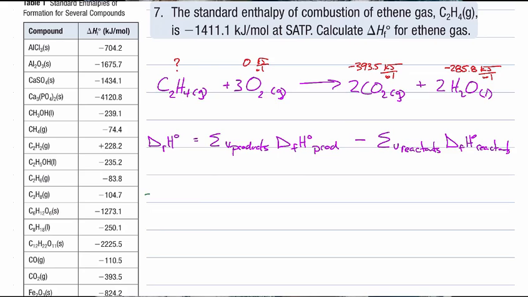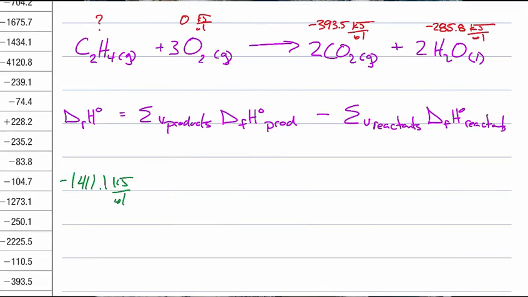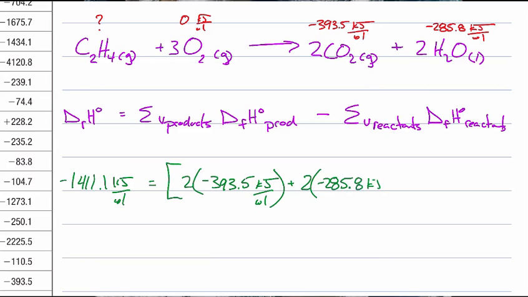We have negative 1411.1 kilojoules per mole is equal to, we have 2 times negative 393.5 kilojoules per mole, and 2 times negative 285.8 kilojoules per mole.